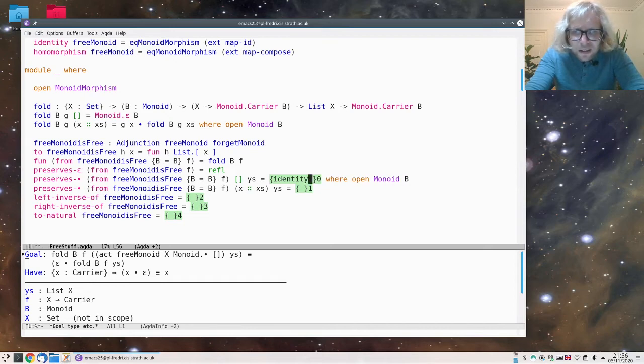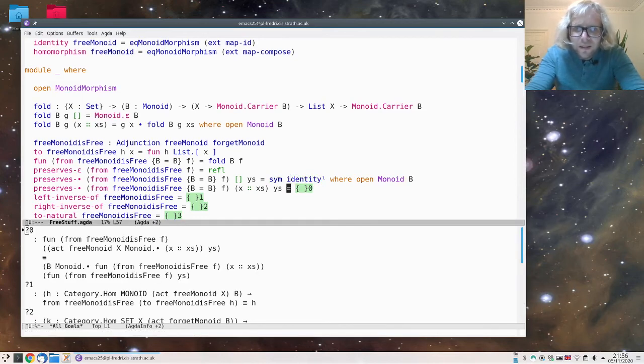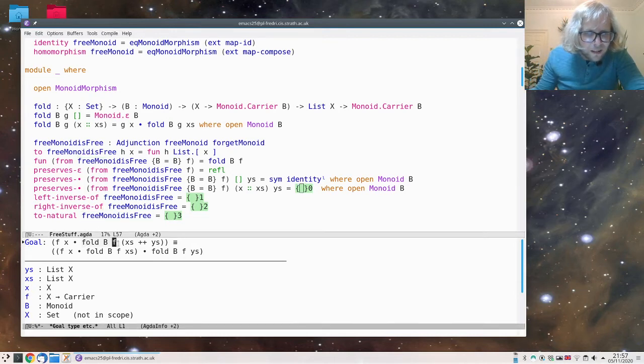No. So where's the other one? It's sim of that, right? Here, what do I need? Well, this looks like a recursive call, right? So let's do that.